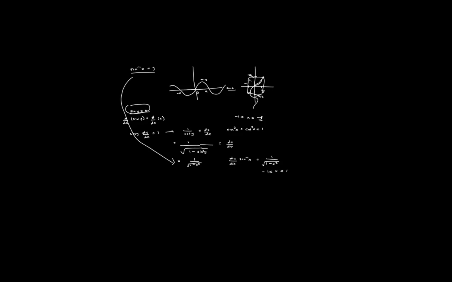Now let's work towards tangent. So let's find the derivative of y is equal to tangent inverse of x. And the process is pretty similar. Let's first look at how tangent inverse looks graphically, right?